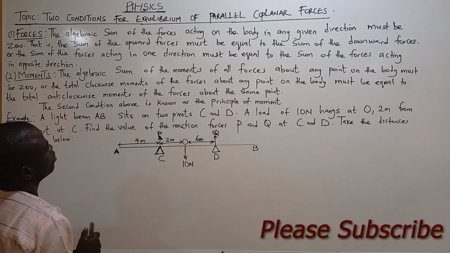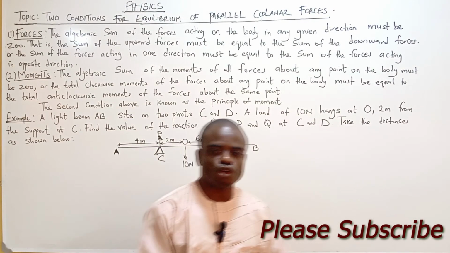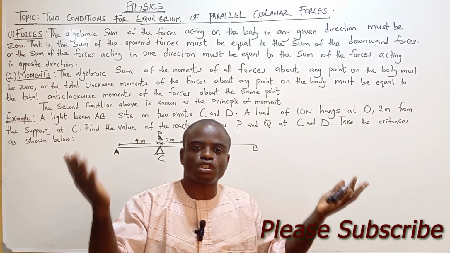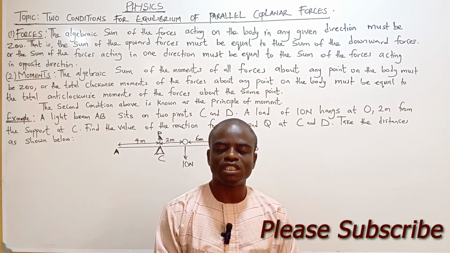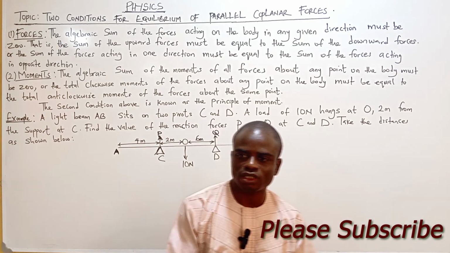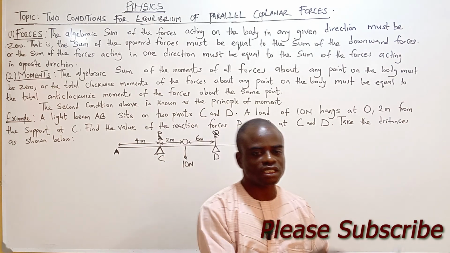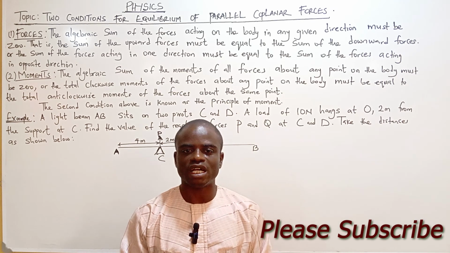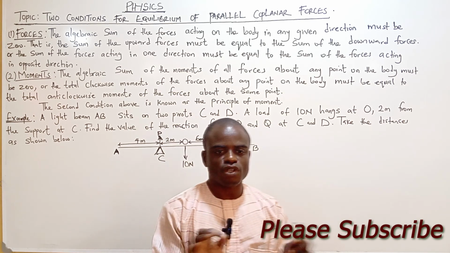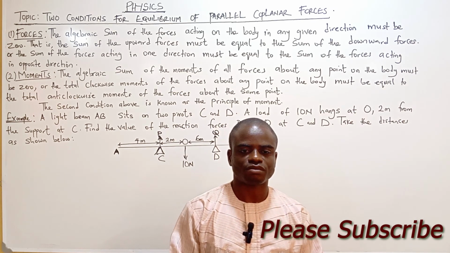You can see it. It's also saying that the sum of the upward forces must be equal to the sum of the downward forces, or the sum of the forces acting in one direction must be equal to the sum of the forces acting in the opposite direction. And if you define it with any of the three, you get your full mark.